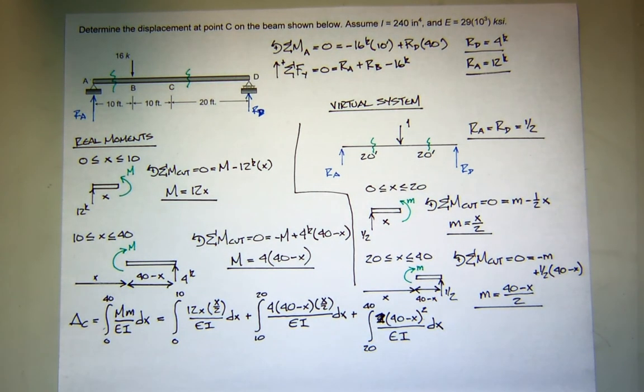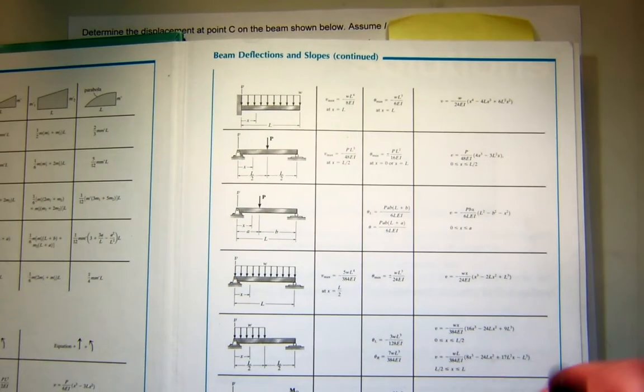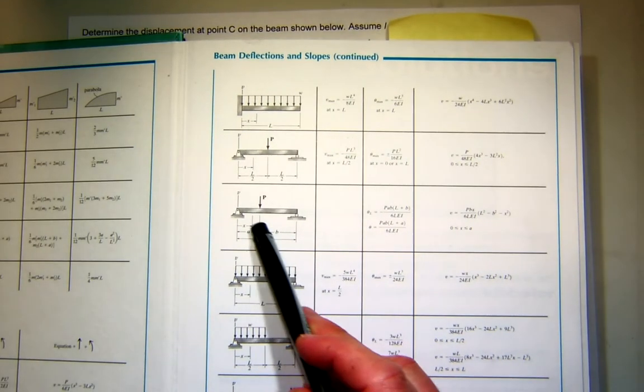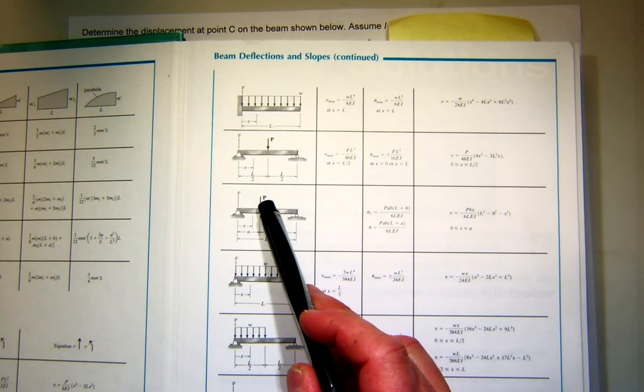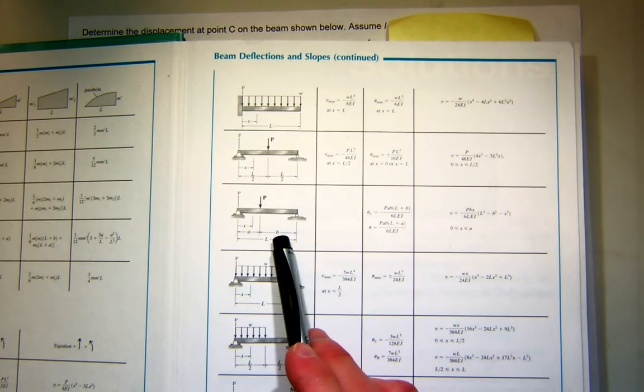Now you can check this too, because if you look in the front of your book, there is a general form for a simply supported beam with a load P on it. We know what our P value is. We also know what A and B are.